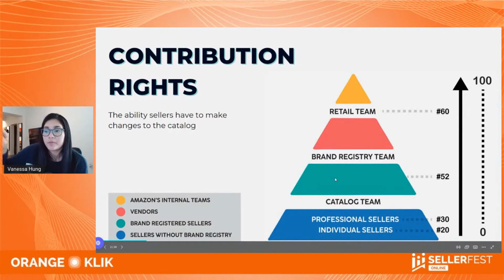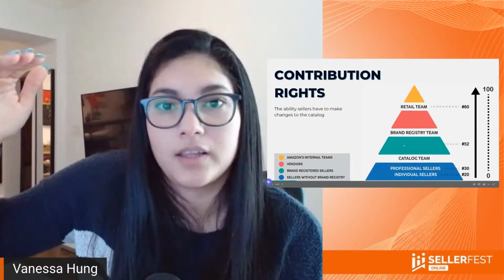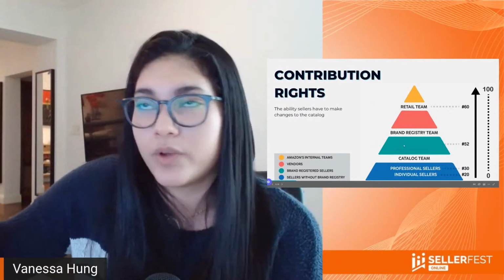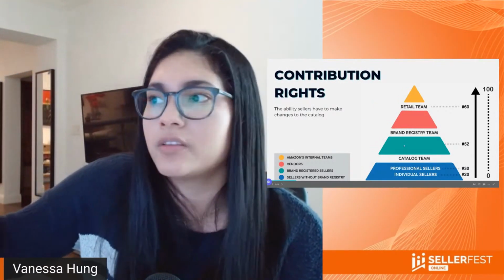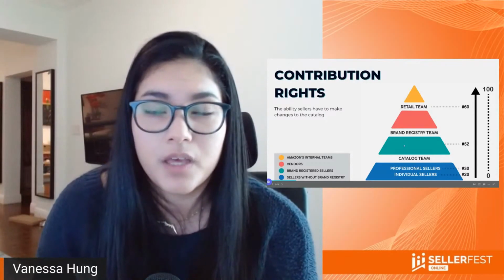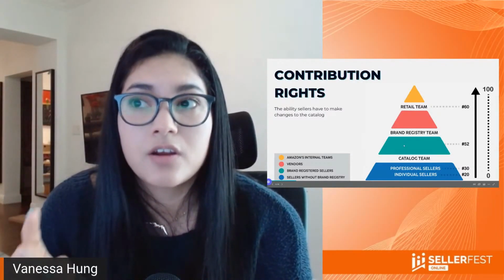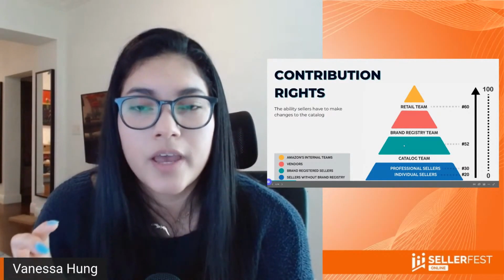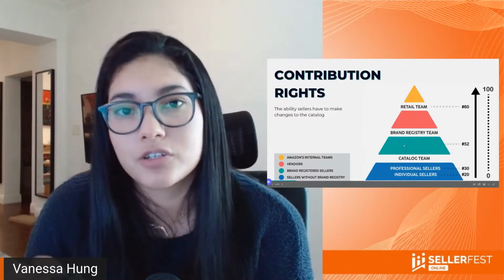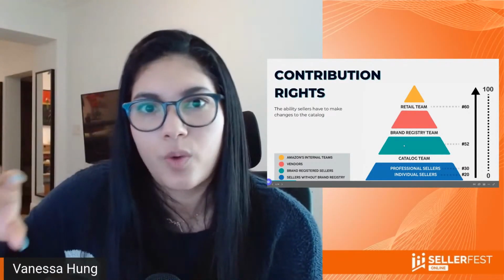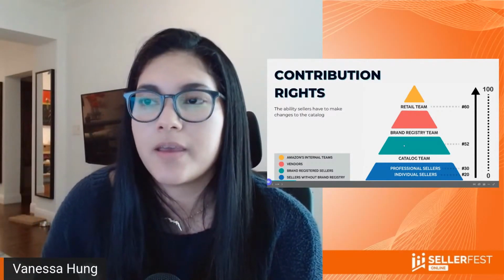And on top of the pyramid, we have the internal teams at the highest level, which, with 99 points, is the FC team, the fulfillment centers. But a huge thing here: fulfillment centers are only able to change the dimensions of your product, dimensions, weight, and things related to FBA.